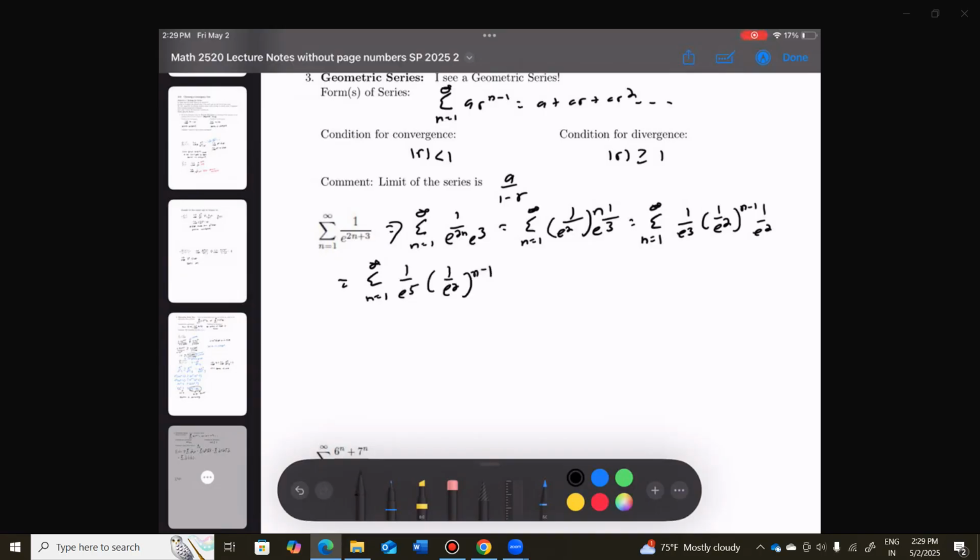So here a is 1 over e to the fifth, r is 1 over e squared, which is less than 1. So the series converges. And then the limit is 1 over e to the fifth over 1 minus 1 over e squared. And that comes out, if you put that in a calculator, to about 0.0078.